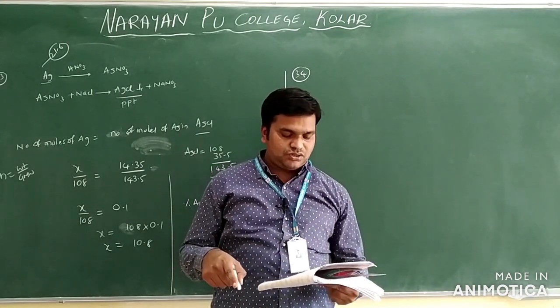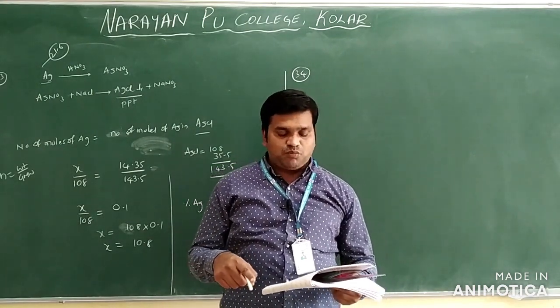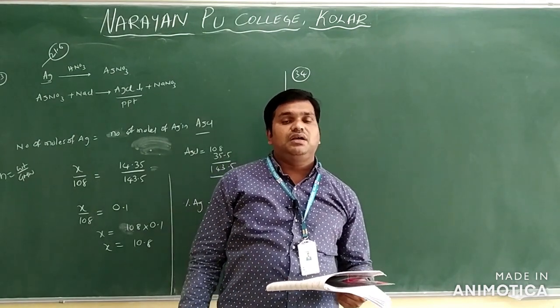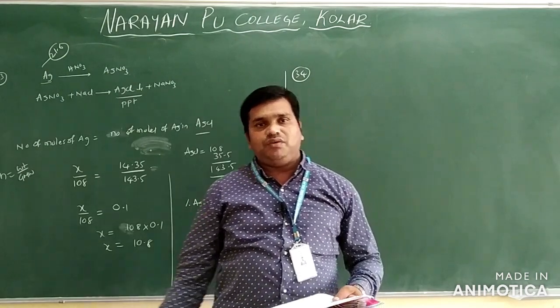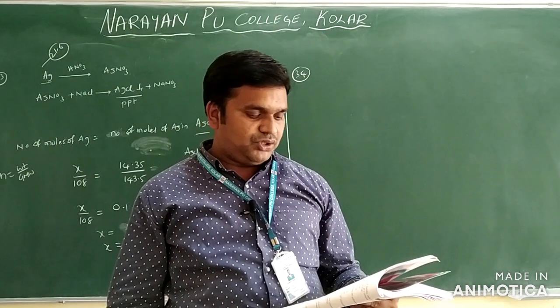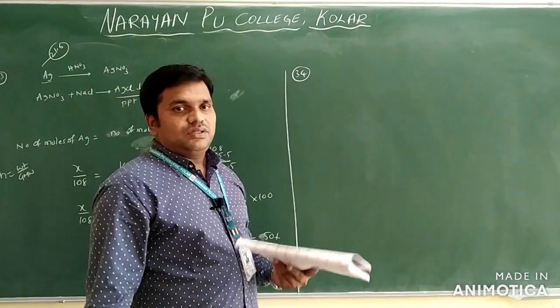So you can take this as the molarity of the mixture only. For the molarity of the mixture, the formula is M is equal to M1 V1 plus M2 V2 by V1 plus V2. Using this formula we can identify the answer.